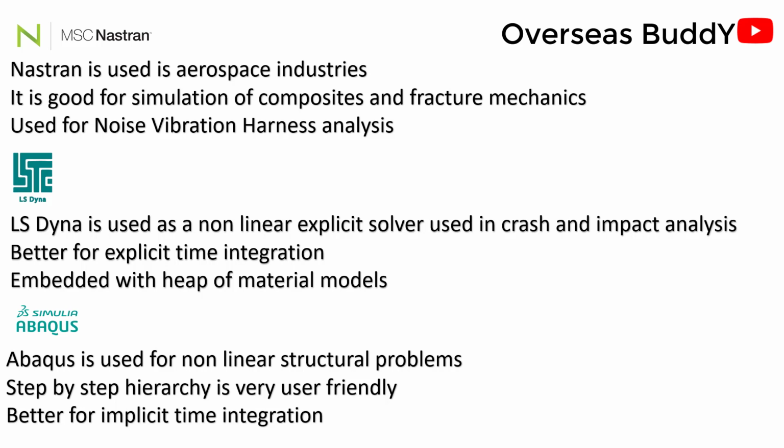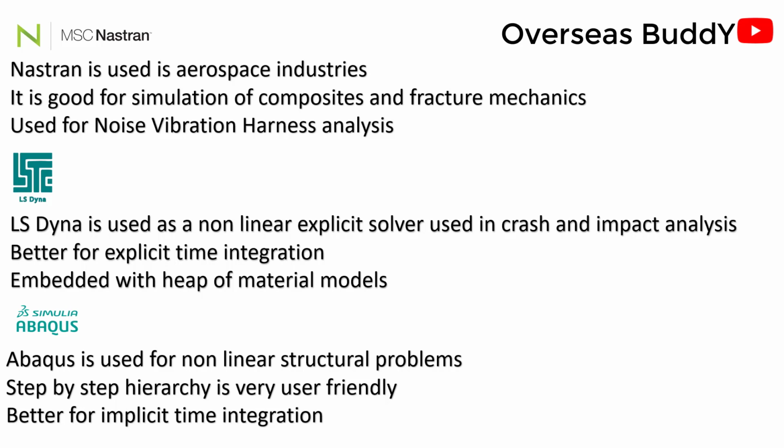Nastran is also used in the automotive industry in the noise vibration harshness analysis domain. DYNA is a non-linear explicit solver used in crash and impact analysis, embedded with a heap of material models.